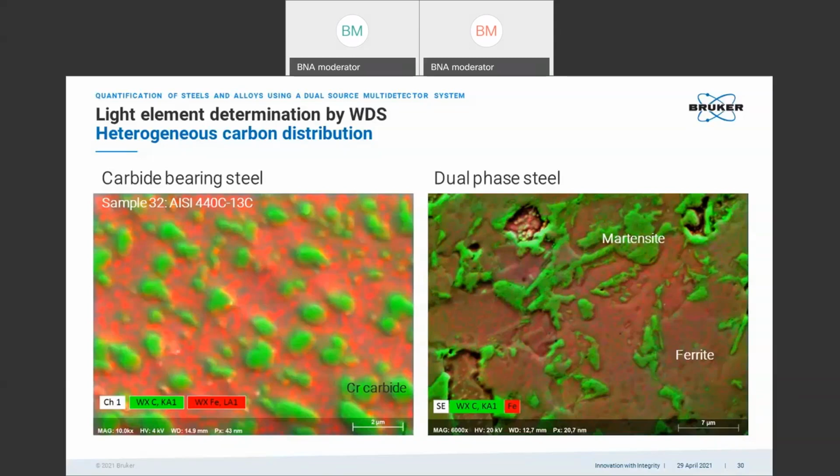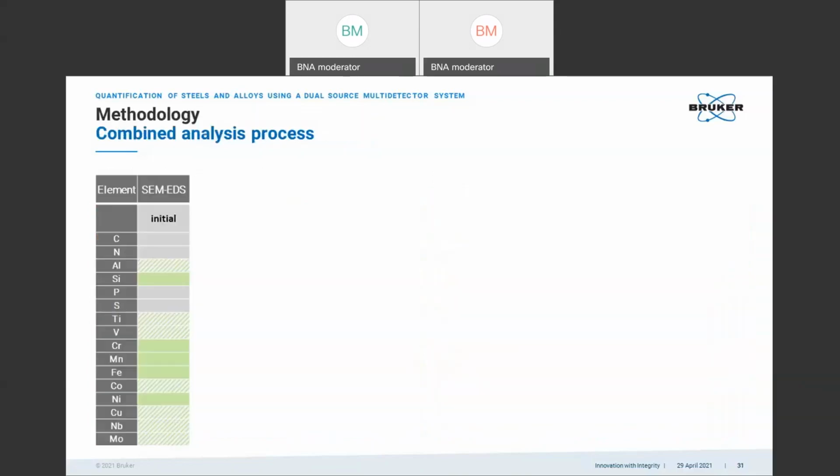Martensite only contains 0.3 weight% of carbon, whereas ferrite contains 0.01% of carbon. So determination of absolute concentration is still somewhat tricky due to the contamination, but mapping the differences is an easy task. So let's get back to quantification.